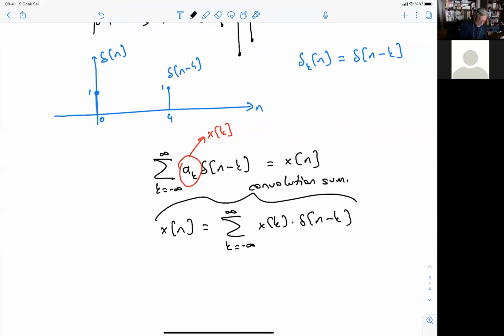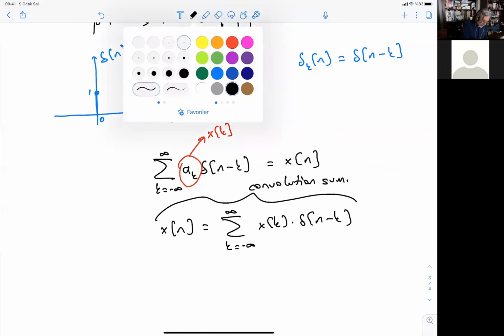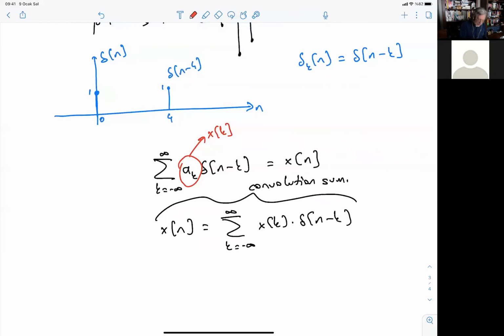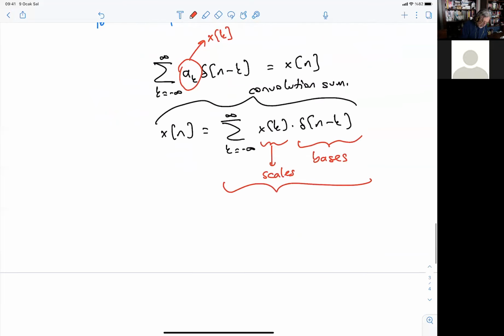But right now, the concept will be split into the basis representation, where these are the bases and these are the scales, and I'm combining. So this is making a combined scaled basis.